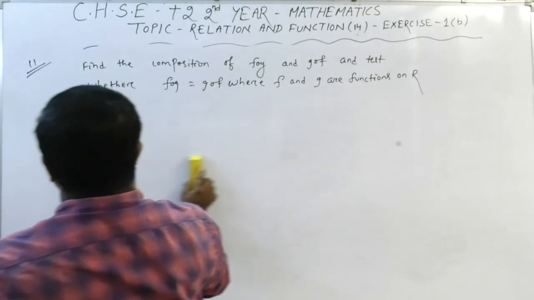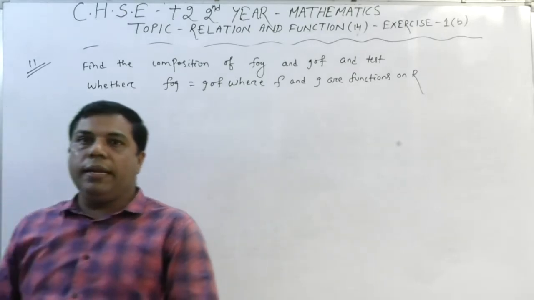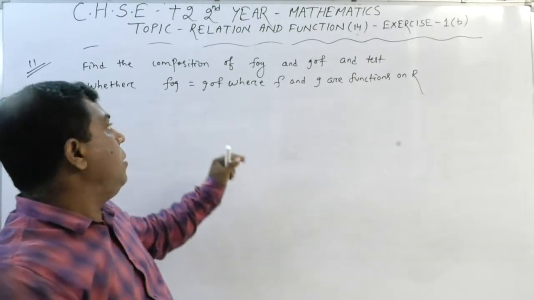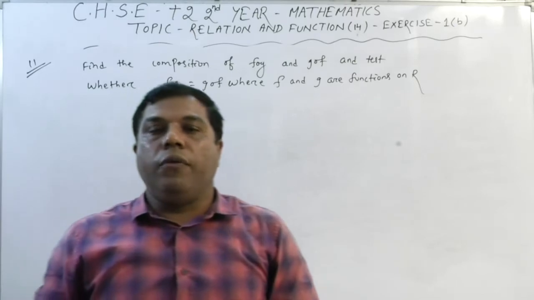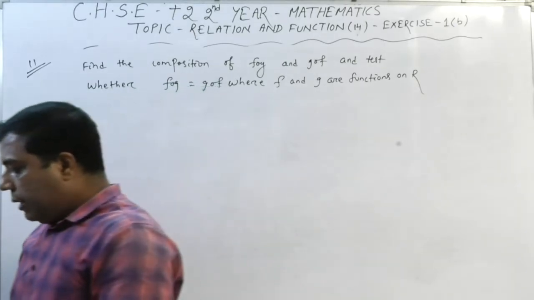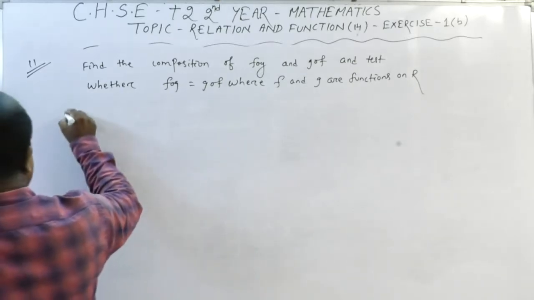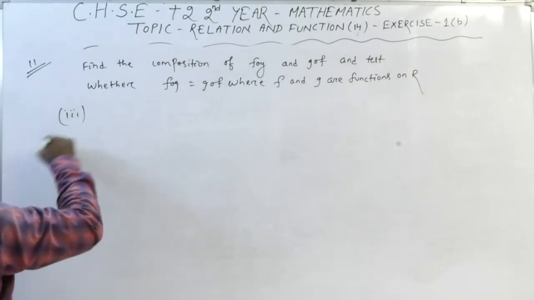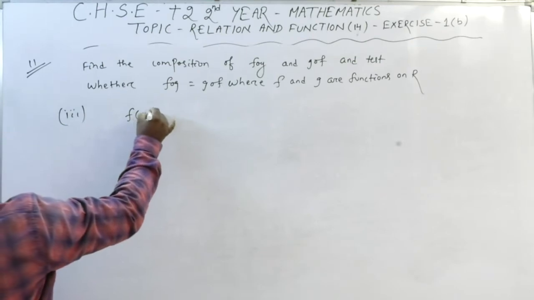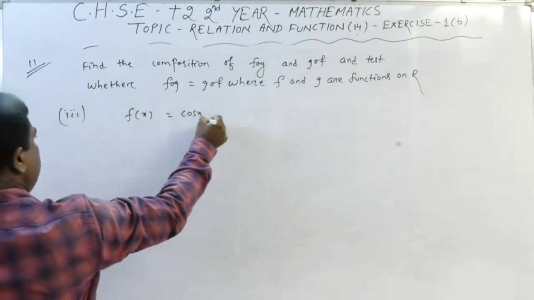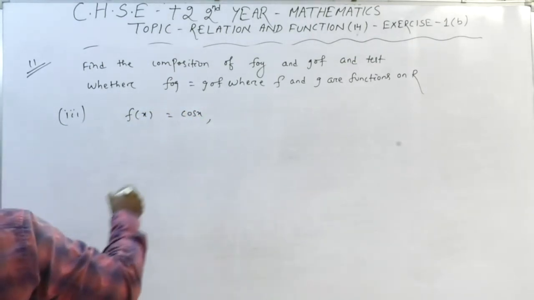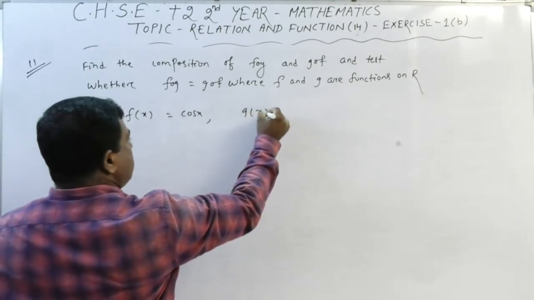That is also based on the same condition, and here we have to find out whether fog is equal to gof or not. Okay, suppose I am going for the third one. Here f of x is cos x, and g of x is sin of x square.